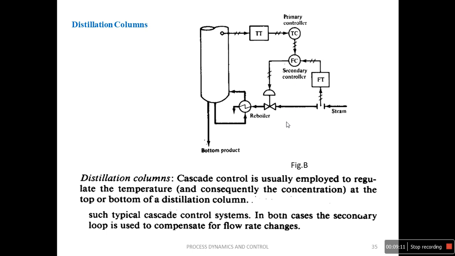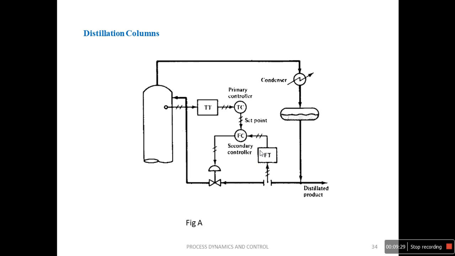Here we are going to have two different diagrams. Our aim is to regulate the temperature at the top or bottom of the distillation column. In both cases, the secondary loop is used to compensate for flow rate changes.